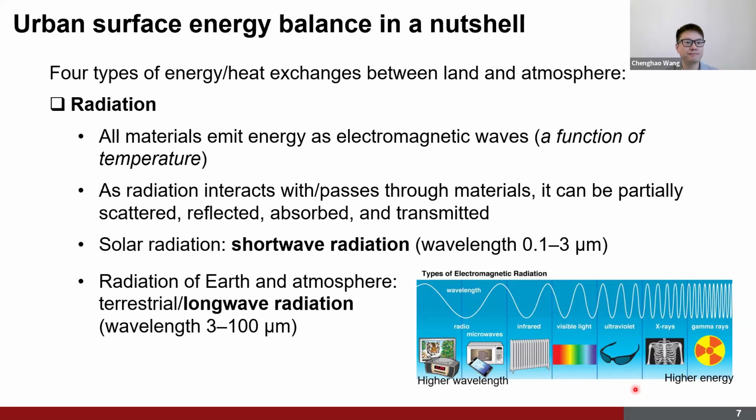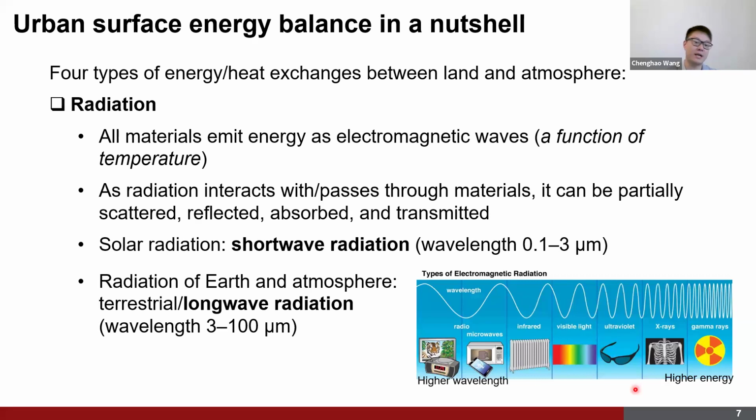The first one is radiation, and all materials will emit energy as electromagnetic waves, which is a function of temperature. As long as your object or material has a temperature higher than absolute zero, which is 0 Kelvin, it will emit radiation at certain wavelengths.